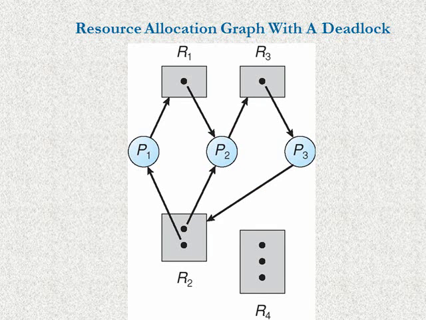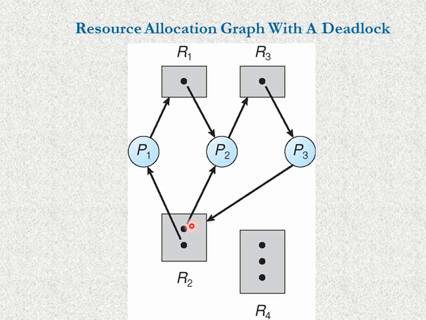Now assume process P3 requests R2. Now we have a deadlock in the system because P3 is requesting a resource that is already being held by 2 other processes, P1 and P2, and the resources that are requested by P1 and P2 are already occupied by P2 and P3 respectively. So there are 2 cycles in this system at this moment.